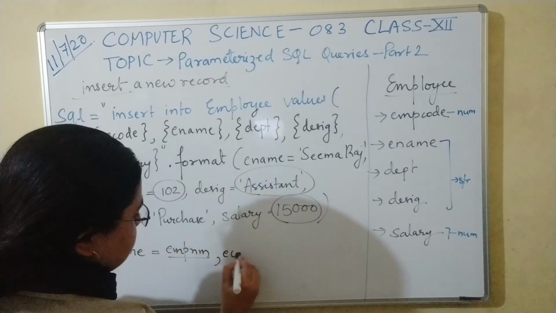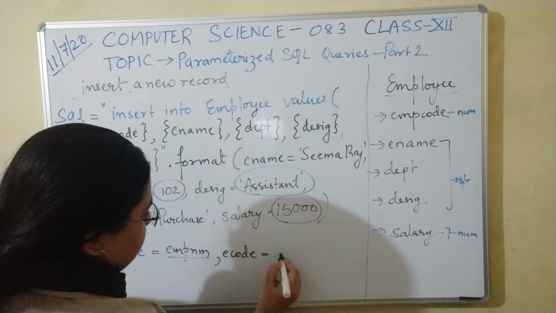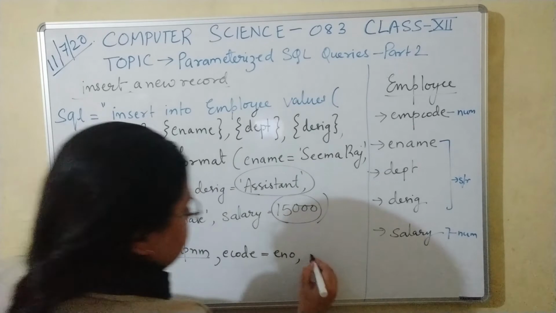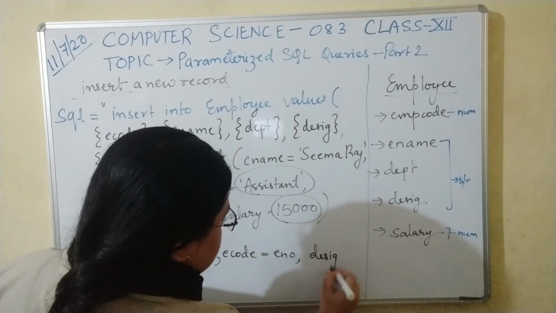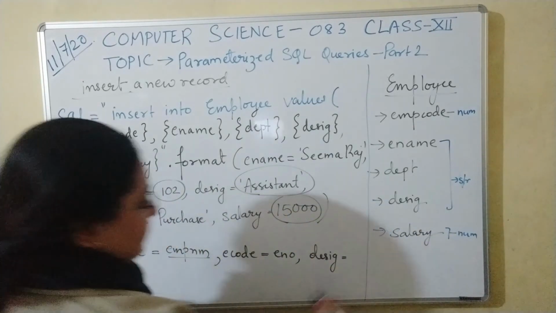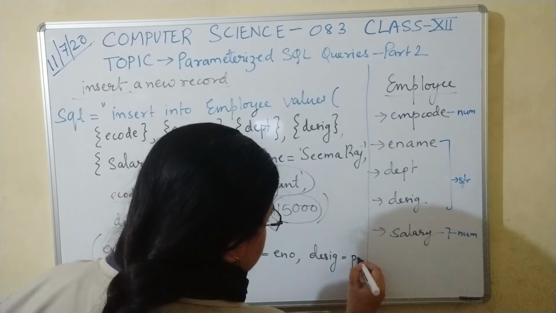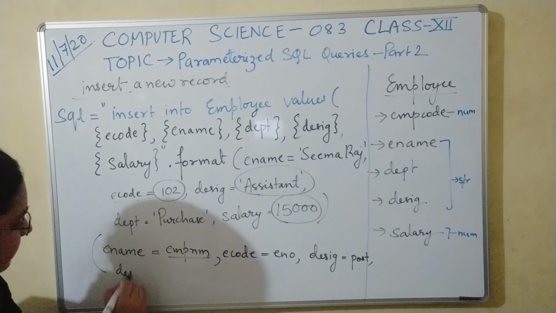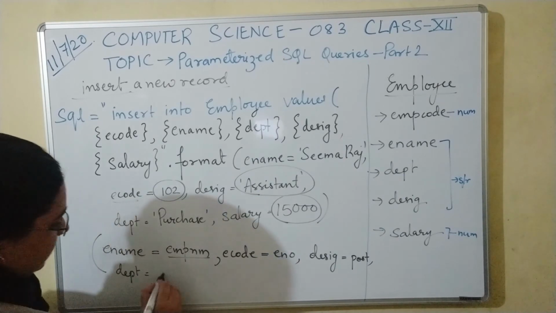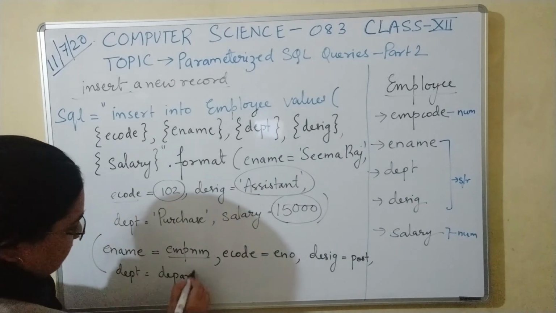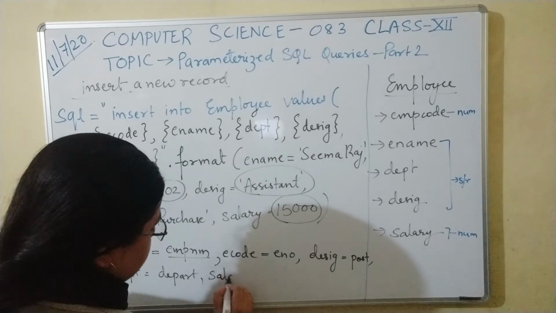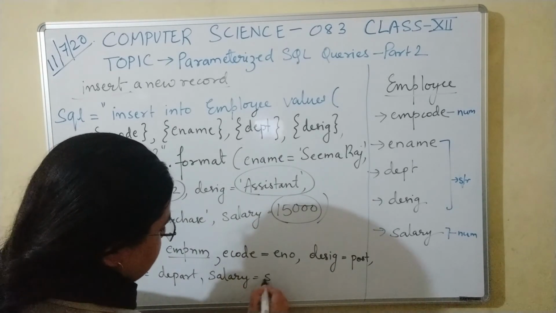Secondly, eCode could be any value like eno. Then next is designation. For designation also you might have created a variable named post. For department, you have created a variable named department or depart. And for the last one, that is salary, you might have created a variable named sal.